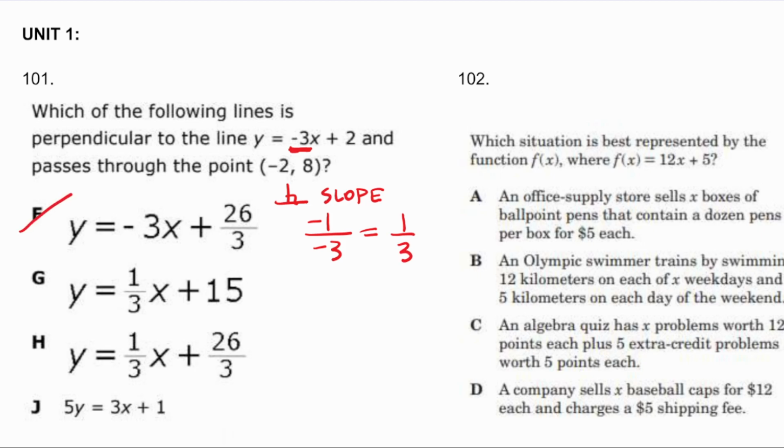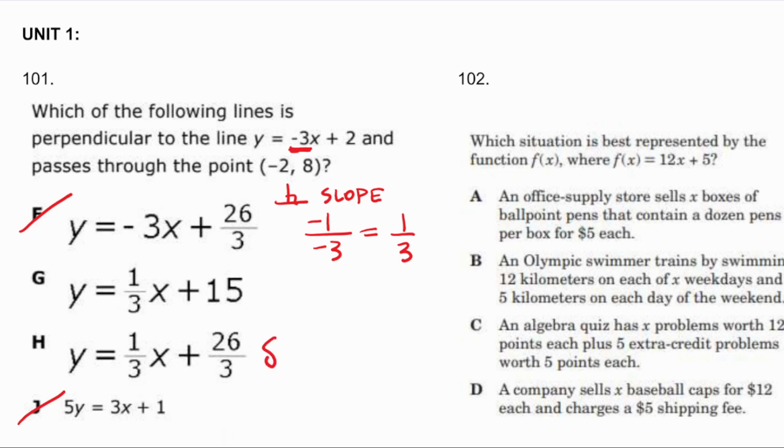That's not F and not J, because if I wanted to find the slope of J, I would divide both sides of that equation by 5, and I'd see it was, I think, 3/5. So I'm down to G and H. And that's where (-2, 8) is going to come in. I feel like it's probably going to be H, because I can see it's going to work out with arithmetic. Whichever one you think it is, just plug in (-2, 8) and see if it works.